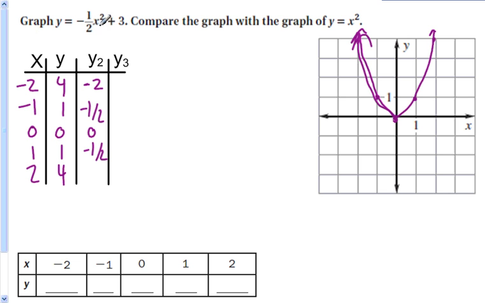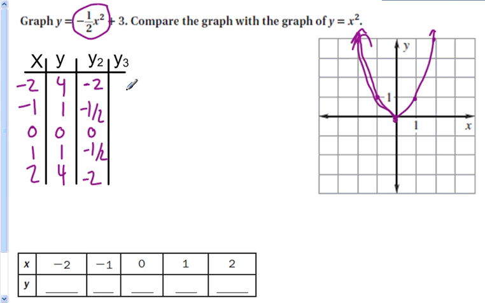And then 4 times negative 1/2 gives me -2 also. So these x values with these y values give us this part of our equation. That is our stretching part.